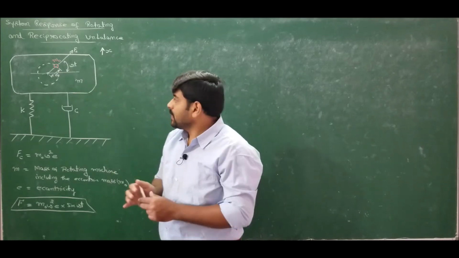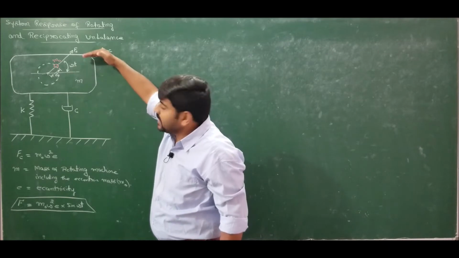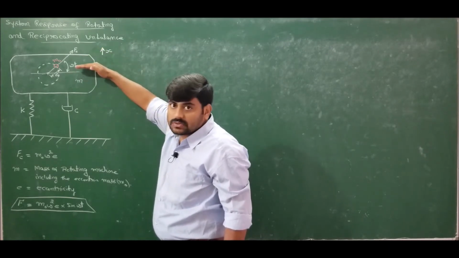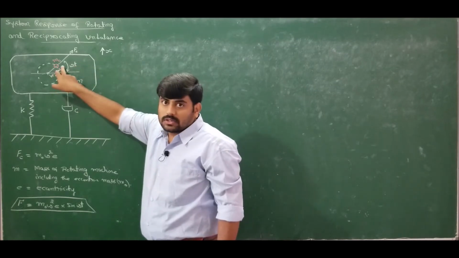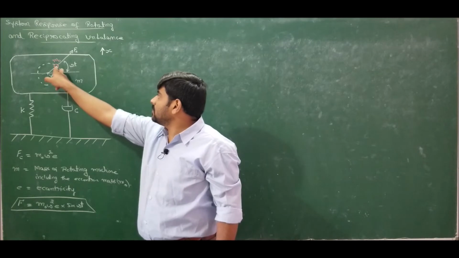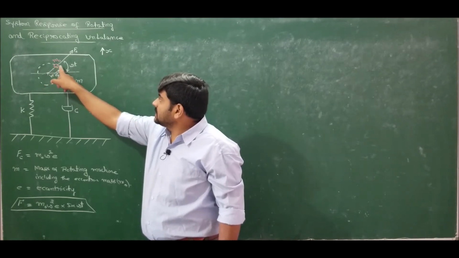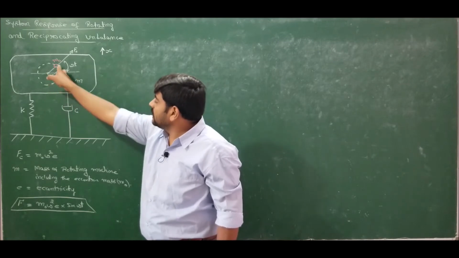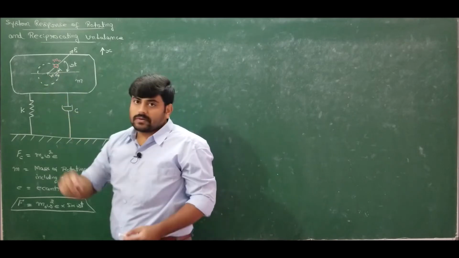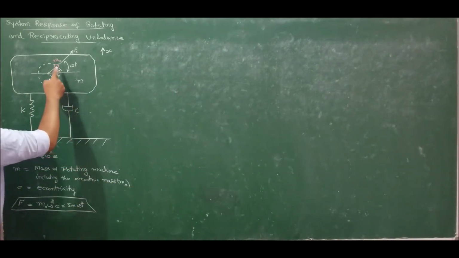From the reference, the rotating mass is displaced by an amount x. The displacement of m naught will be x plus, it is already displaced by an amount e sin omega t. This is the eccentricity, so the vertical distance is e sin omega t. Therefore, at any given time, the displacement of mass m naught will be x plus e sin omega t.